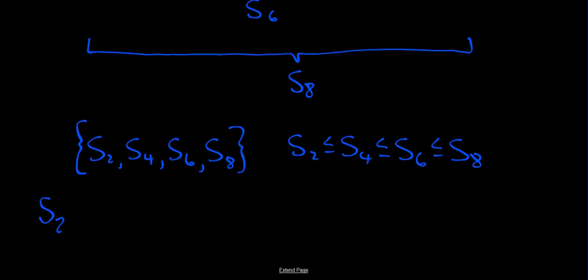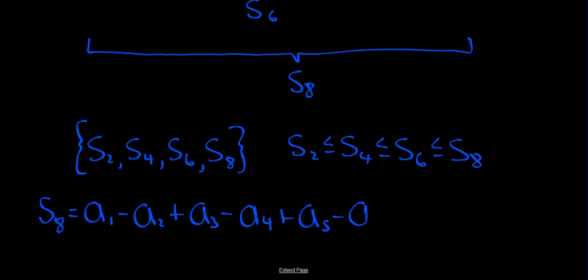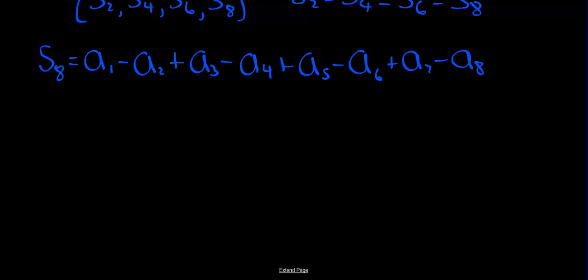Recall that we have S8 is equal to A1 minus A2 plus A3 minus A4 plus A5 minus A6 plus A7 minus A8. Okay, there's the eighth partial sum. Now, I want to do another rearrangement. So here's what we have.